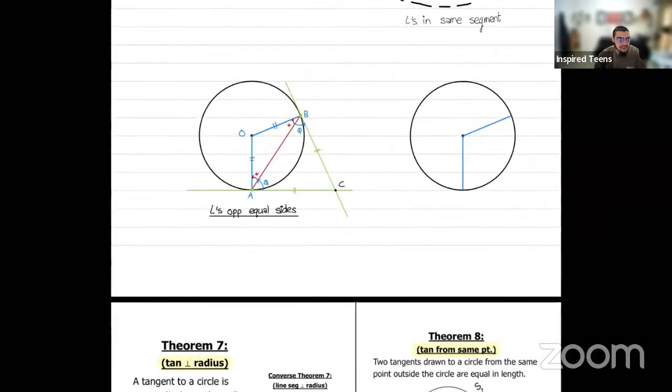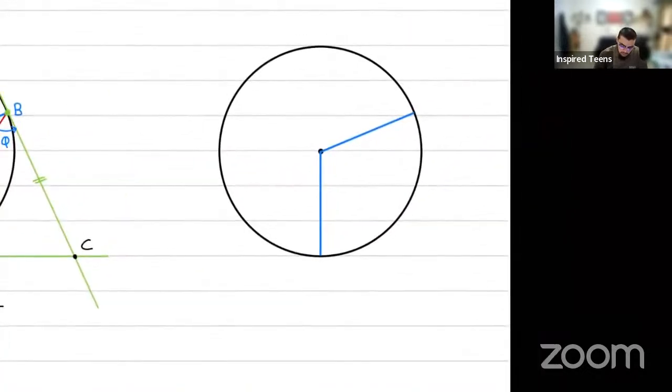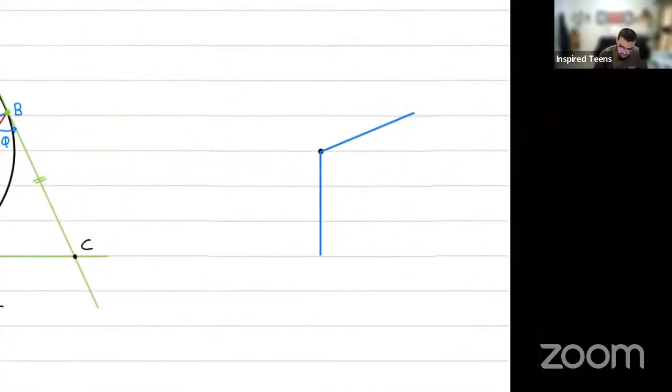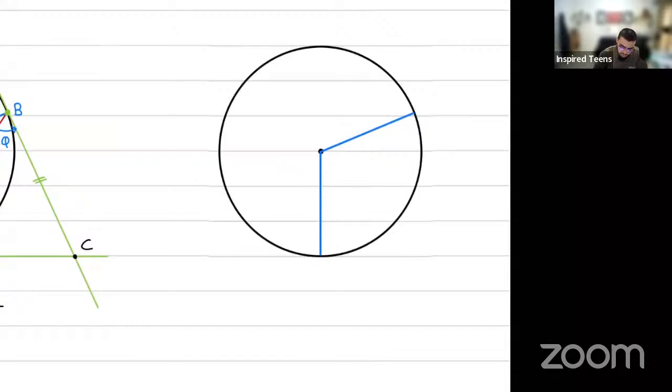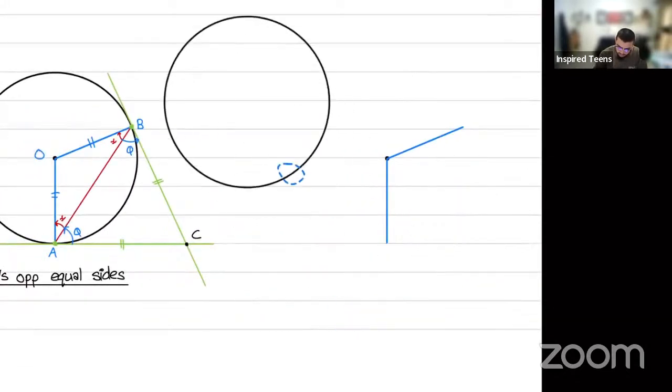Of course, for everything, there is a converse. So the converse for this is, actually, I need to get rid of this. Let's move it and then we can bring it back.